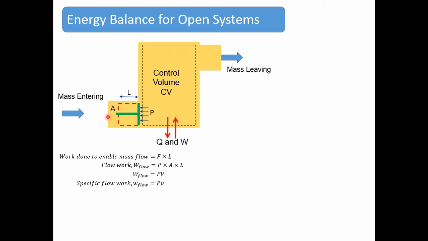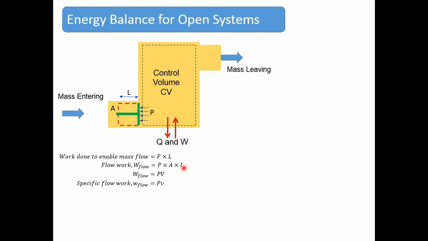Therefore, the work required to push the fluid into the control volume, which is known as the flow work because that is the work required to maintain the flow. Flow work is the technical term we use to explain that work. That is equal to pressure times cross-sectional area times the length.